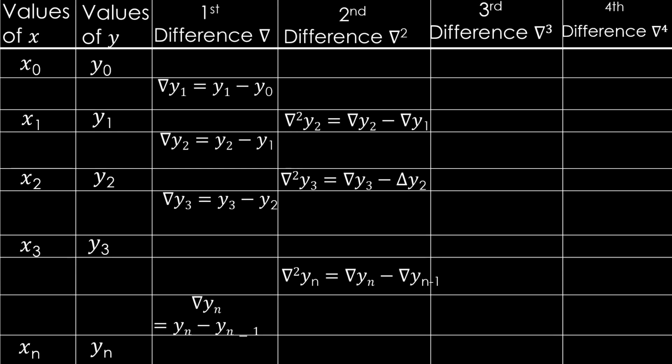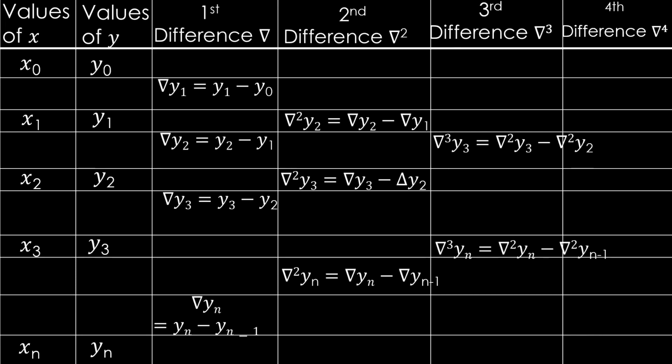The next is the third difference. Coming again from the bottom of the table, del cube yn is equal to del square yn minus del square yn minus 1. Moving upward, the last term which we get at the top of the table will be del cube y3 is equal to del square y3 minus del square y2.